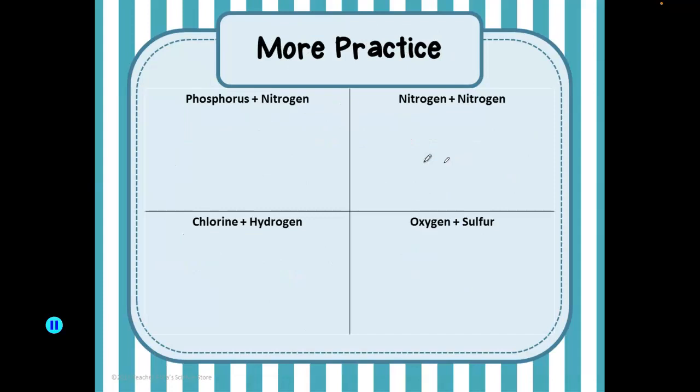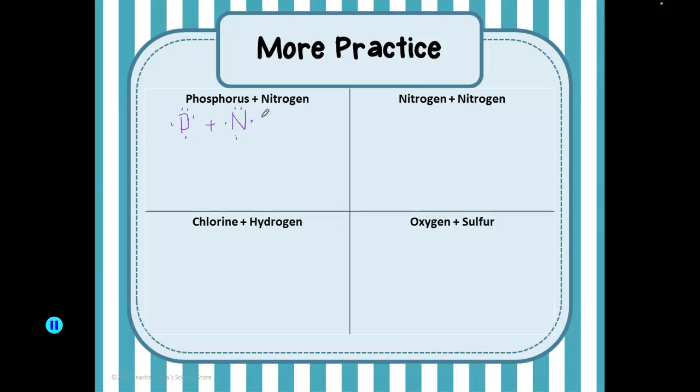All right. And we're going to do one more practice, and then you're going to do the rest on your own. So we have phosphorus, which is P, and we have nitrogen, which is N. If I look at my periodic table, phosphorus has 5 valence electrons, and nitrogen has 5 valence electrons.